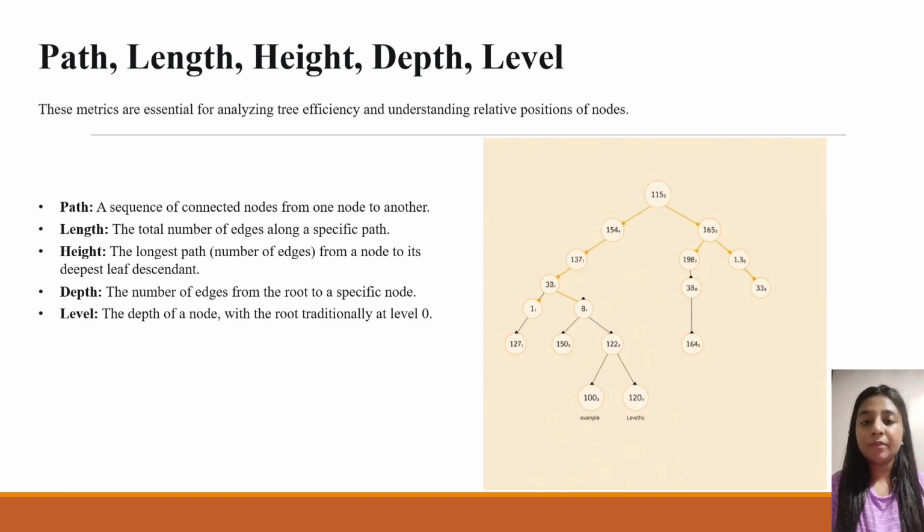Level is the depth but starts counting from 0. Example, if you go from the root, which is level 0, to a node 3 layers down, the depth is 3. If that node has a leaf 2 levels below, its height is 2.